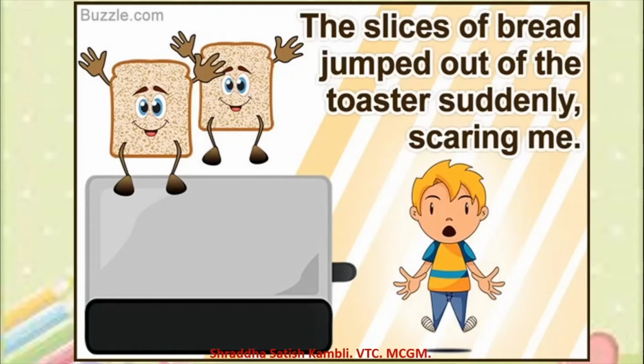You have these pop-up toasters. This is a pop-up toaster. You push in the slices of bread, and when they become brown, they automatically pop up. The toaster throws them out. So it is the toaster which is throwing the pieces of bread out. The bread does not have any capacity of jumping out.